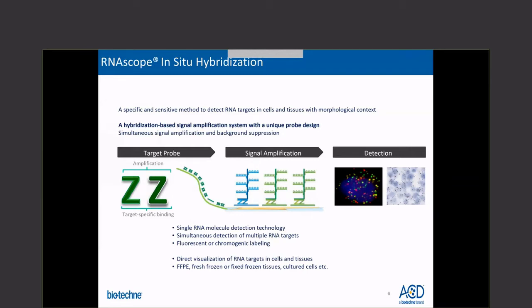This highly specialized system utilizes simultaneous signal amplification and background suppression methodology. RNAscope is compatible with a wide range of sample types, such as FFPE, fixed frozen, as well as fresh frozen. RNAscope can be used to detect multiple mRNA targets simultaneously in a single tissue section.